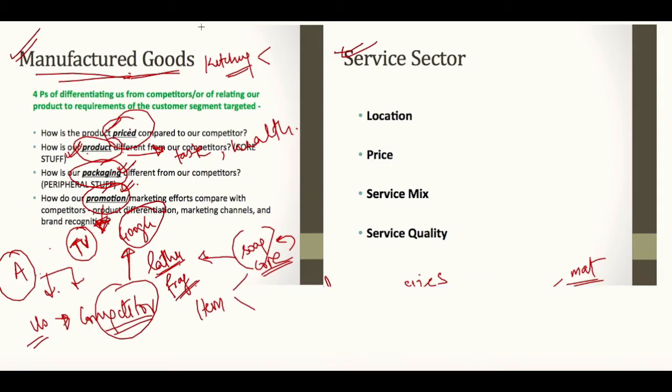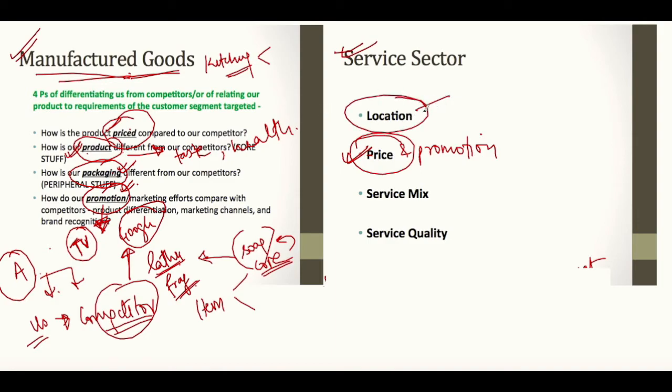Essentially I'm talking about something similar here also. Price and promotion are going to be relevant here also. So you have price here itself, and if you want, you can add promotion also here. Price and promotion will work in the exact same way.